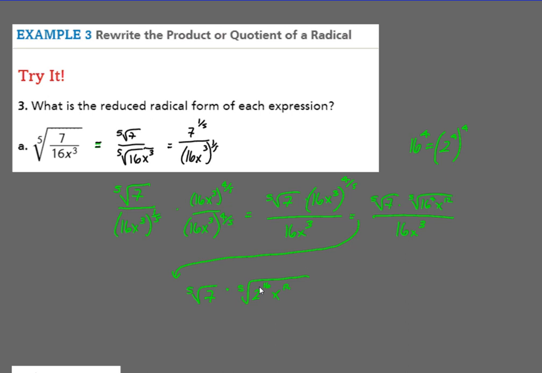Now I can take groups of 5 out of this. I divide my exponents when I'm taking the fifth, because if I rewrote this, this would be 16 over 5 and 12 over 5. So I've still got this denominator. This is a messier problem than I expected them to give you. You have the fifth root of 7 times. Now, 16 divided by 5 is going to be 3 with a remainder of 1. So this will be 2 cubed.